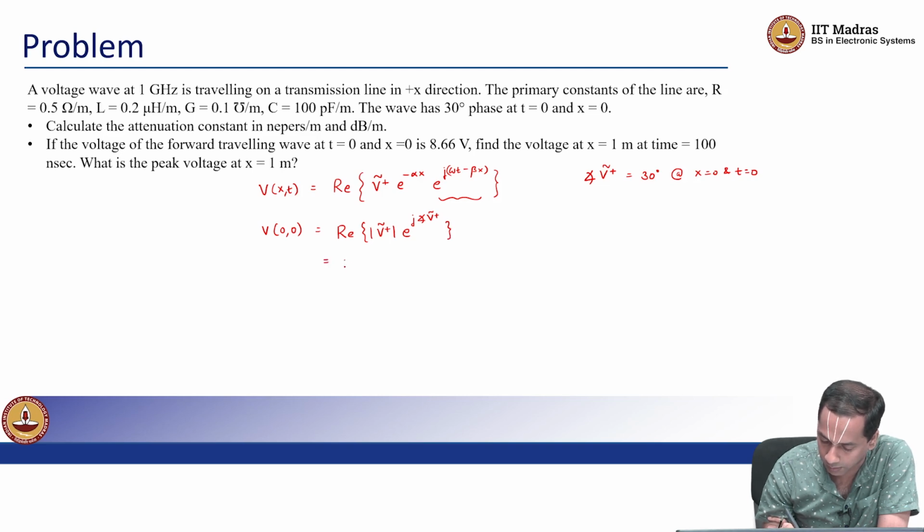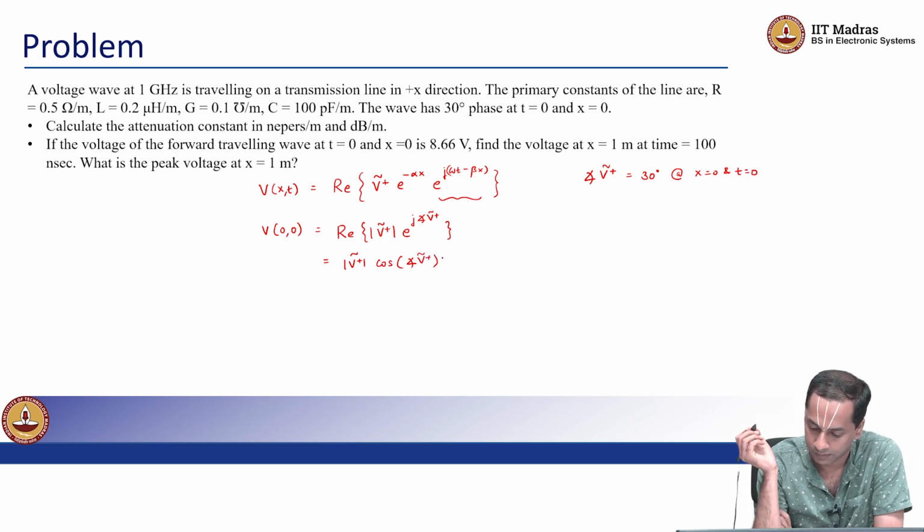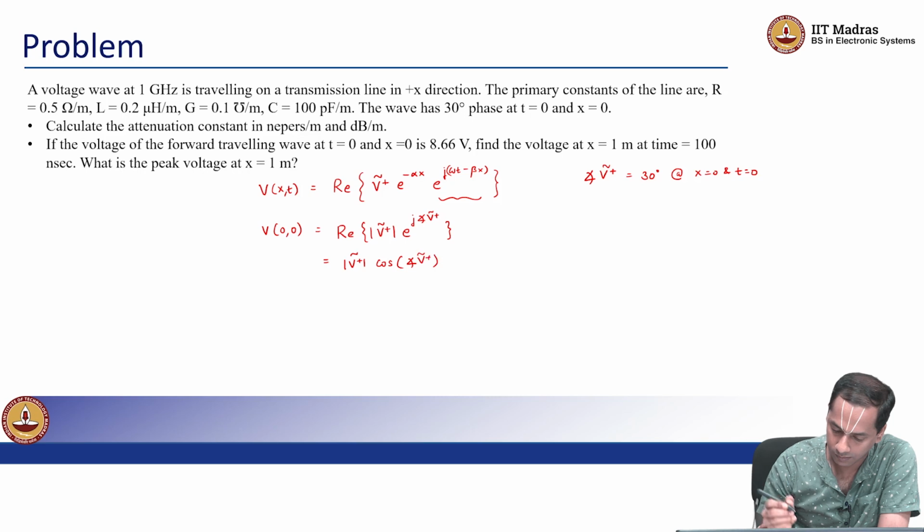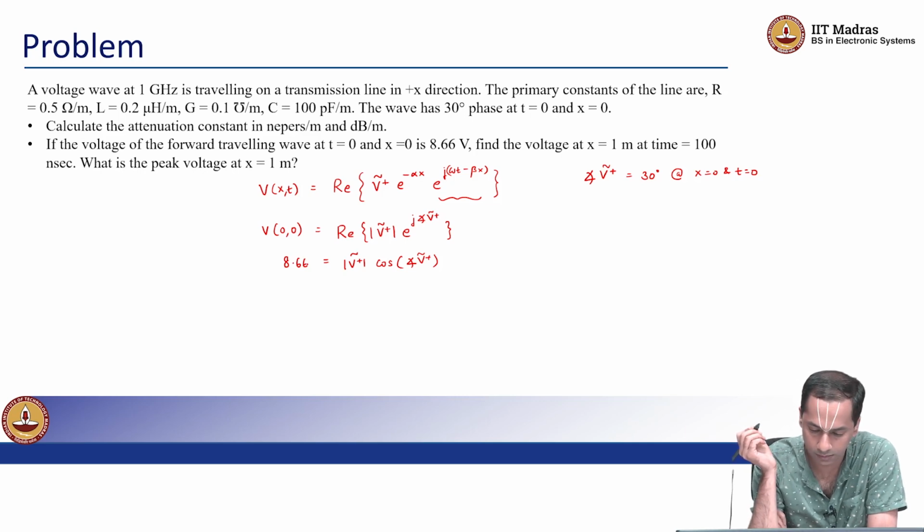So this is quite simply just the magnitude times cosine of the phase, and this has been observed to be 8.66 volts, right. So they have measured the voltage on this transmission line at x equals 0 and t equals 0, and they find it to be 8.66 volts, and they also know that it has a phase of 30 degrees.